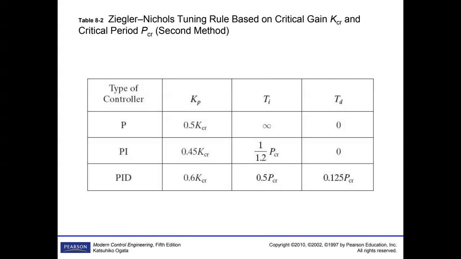As long as you obtain omega, you also obtain the period, PCR. When you obtain PCR, you already have the PID values, you already obtain KCR and PCR. So KP, TI, and TD values are defined. Those values are defined here.